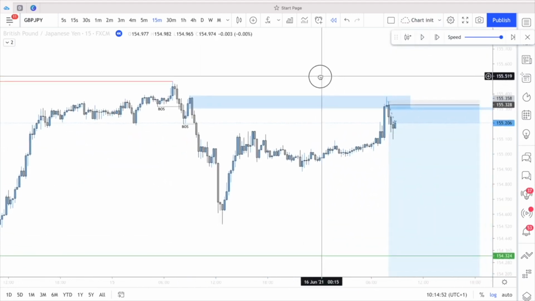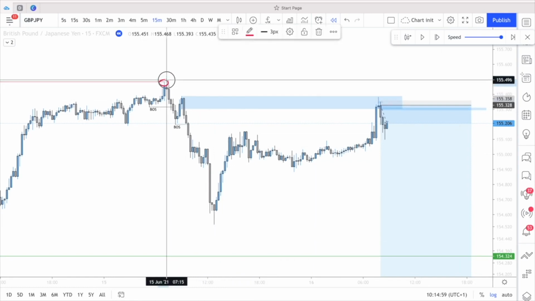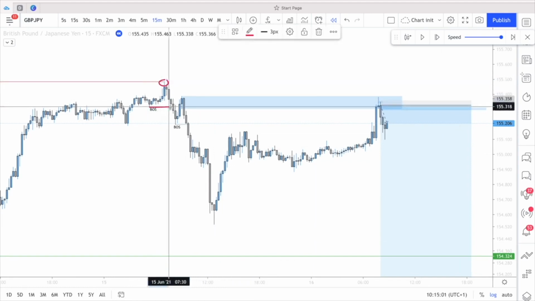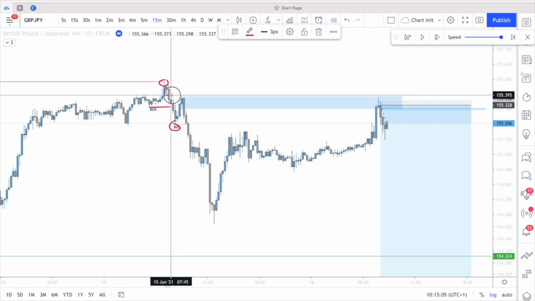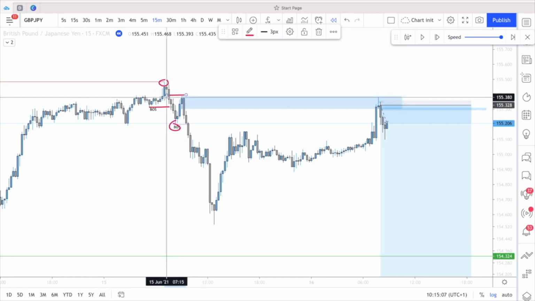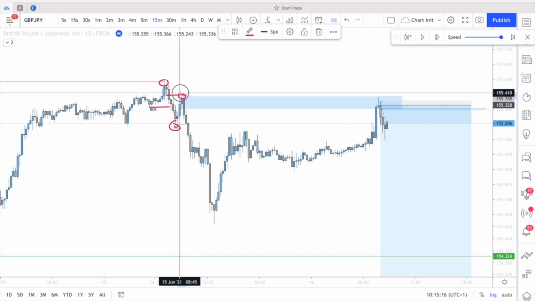So what we need to think about from the last point of mitigation, so we have a mitigation point here, and then this went on to break structure. Now, what we can technically say is that this has left a little bit of imbalance, but in terms of the whole buy to sell, it has pretty much been mitigated by this move here.